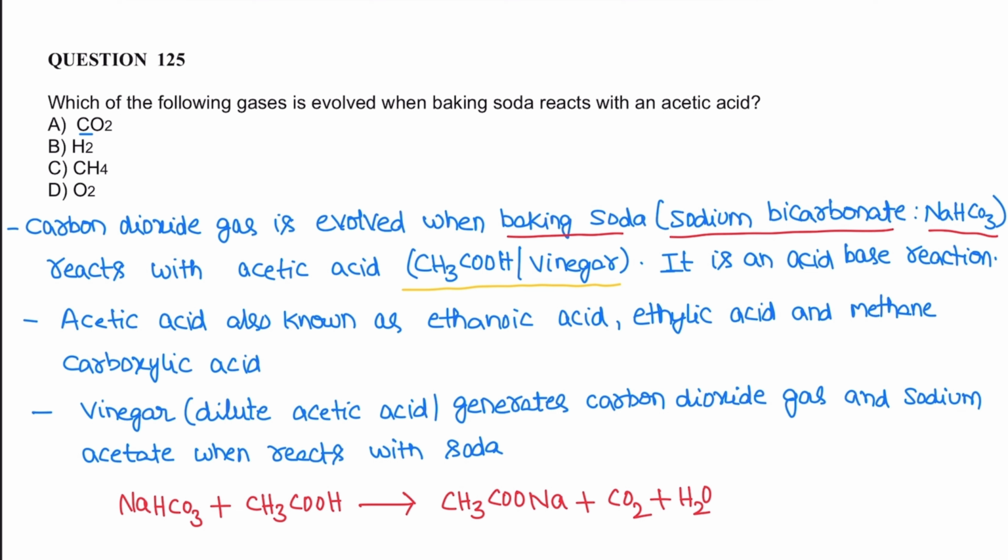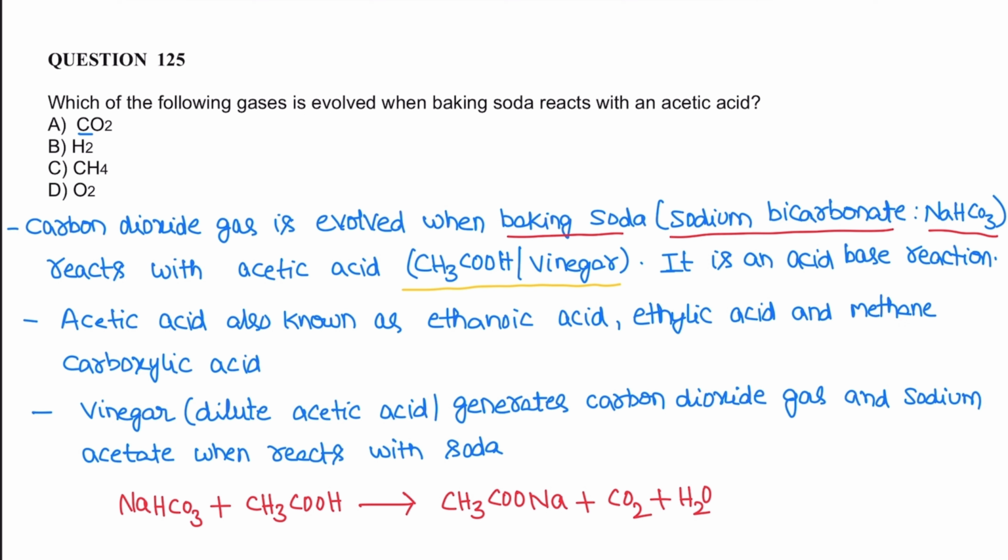This is an acid-base reaction. Acetic acid is also known as ethanoic acid, ethylic acid, or methane carboxylic acid. Vinegar is dilute acetic acid, and it generates carbon dioxide gas and sodium acetate, CH3COONa, when it reacts with soda. So correct option is A, carbon dioxide.